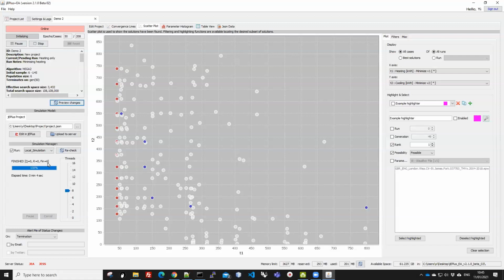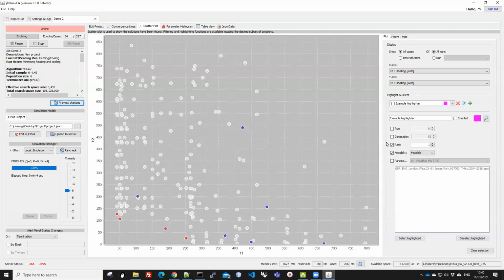Okay, it's simulating the first six cases. You will see the first six cases are distributed somewhere like that, and the first iteration is always random. Then it progresses, and now you can see the red dots showing along this front. It's no longer showing like that.